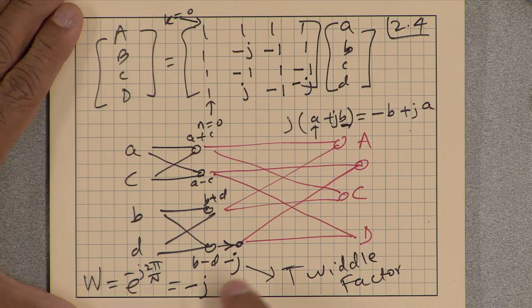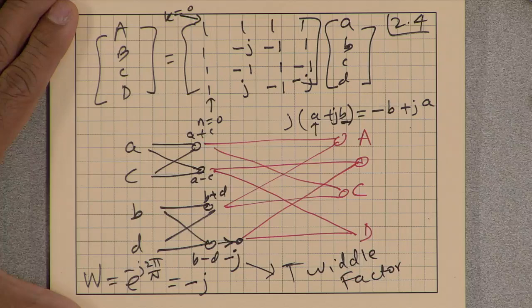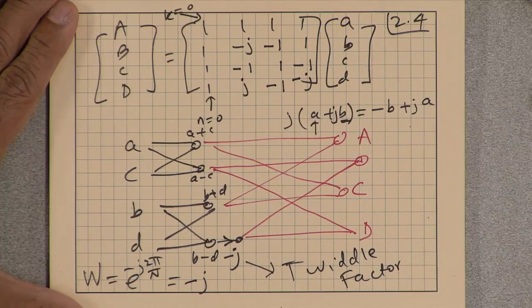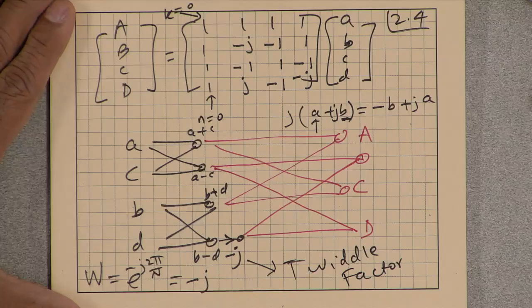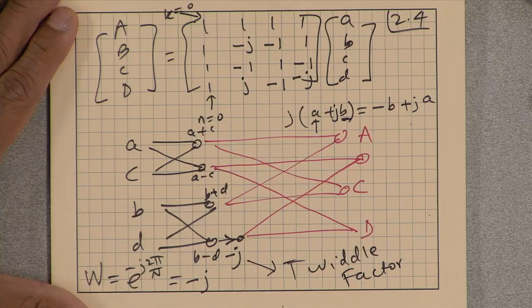That would be simply called W in general. So N is equal to 4, so this is 1 at an angle of minus 90 degrees, which is minus j.